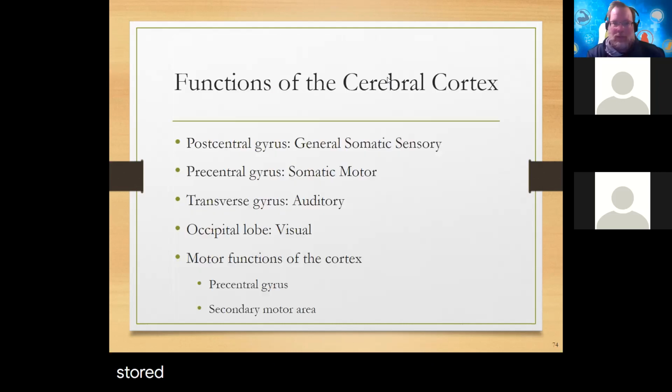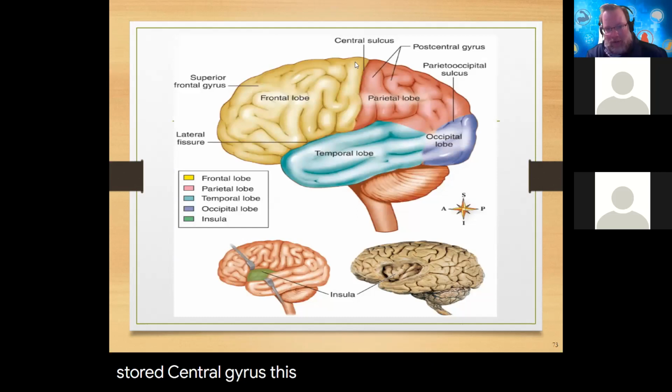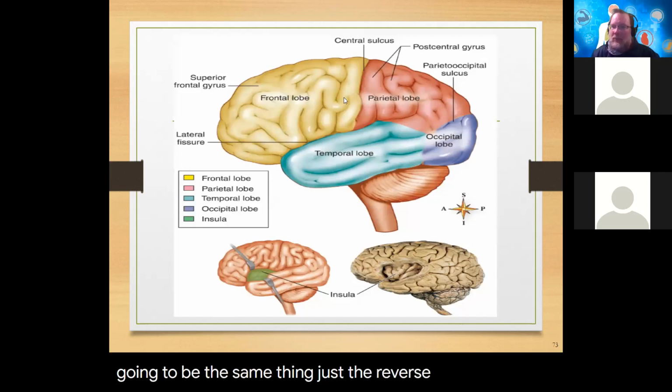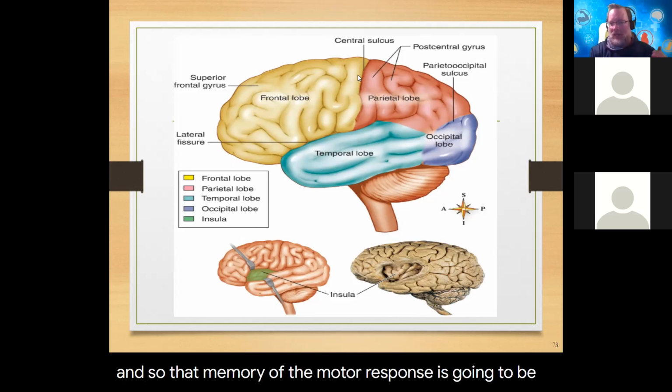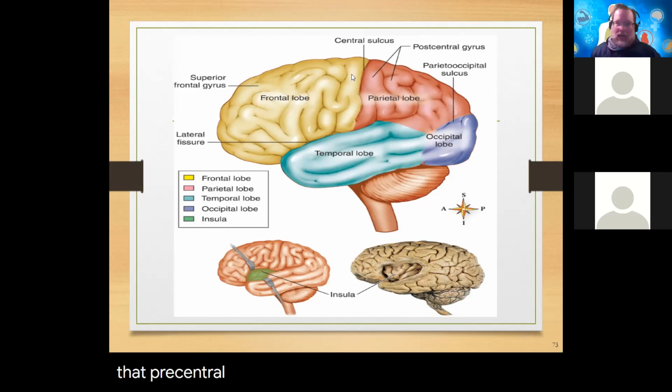Okay. The precentral gyrus, right in front of that, is the same thing, just the reverse. That's where we store the motor responses that came from these memories. As you know, when we touch something hot, the motor response that goes out is I pull my hand away, and that memory of the motor response is going to be in that precentral gyrus.